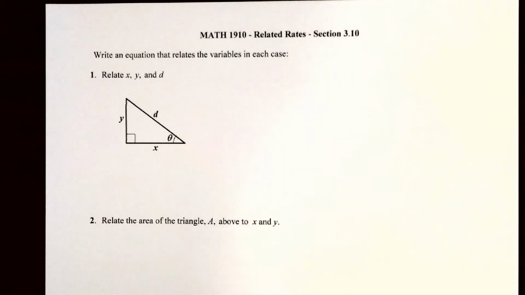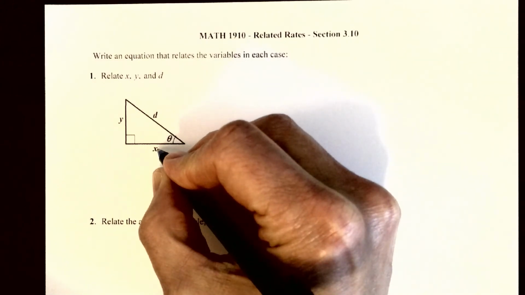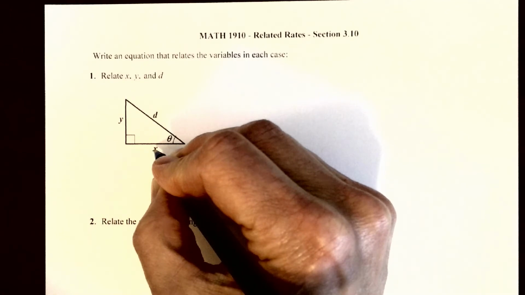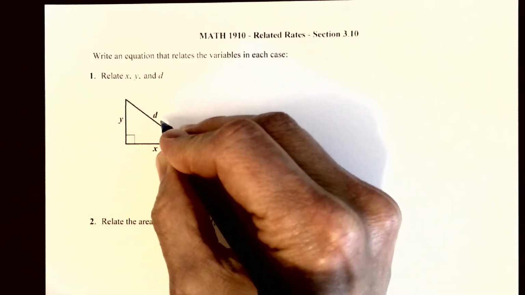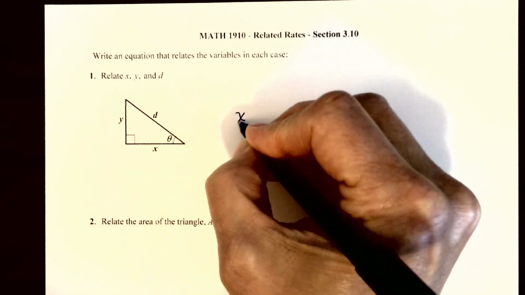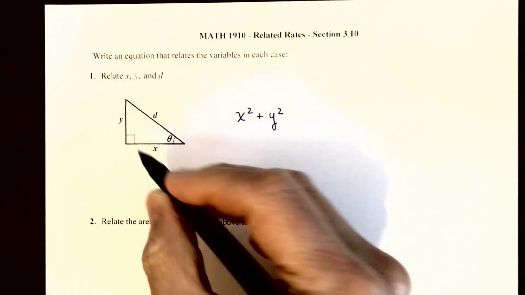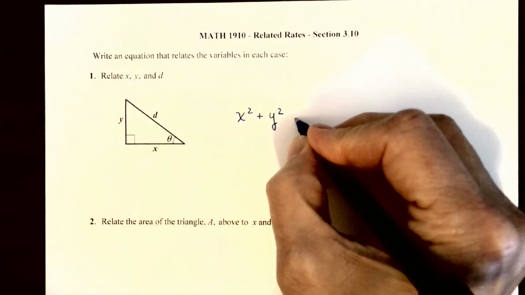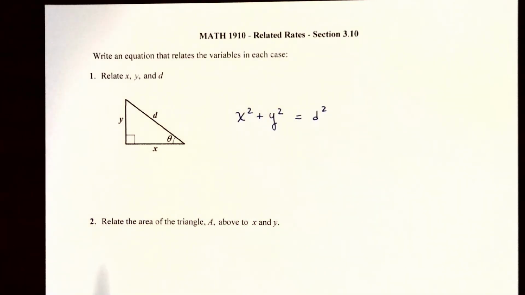If I square the side lengths and add them up, they will equal the square of the side opposite the right angle, the hypotenuse. So in this case we would have x squared plus y squared, the sum of the squares of the two legs of the right triangle, equals the square of the hypotenuse, d squared. And there's the equation that we would have.